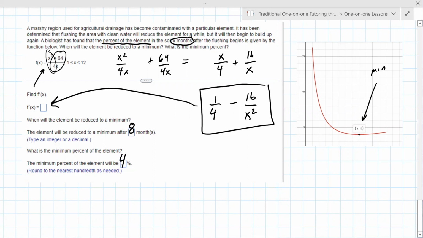This is one of those where I don't know whether the answer is 4 or 0.04, because it does say to round to the nearest hundredth as needed. Let me look this problem up and see if there's some clarity on that. Minimum percent. Huh.